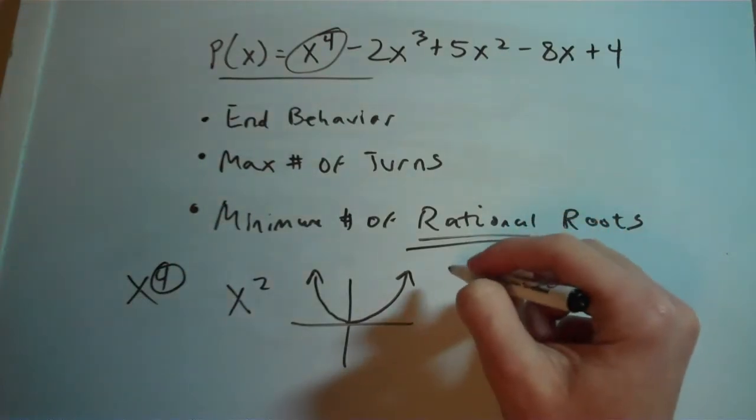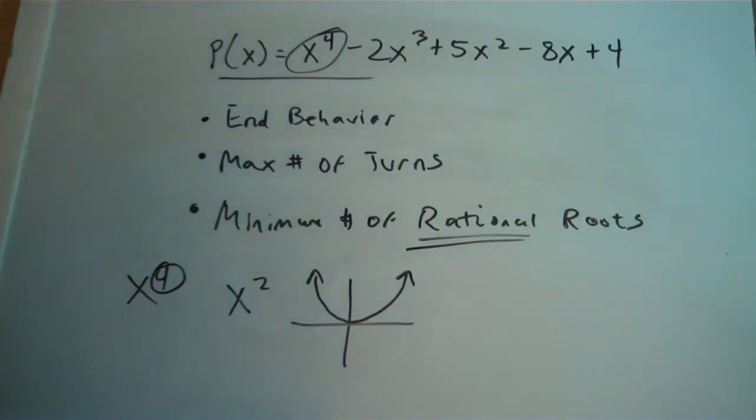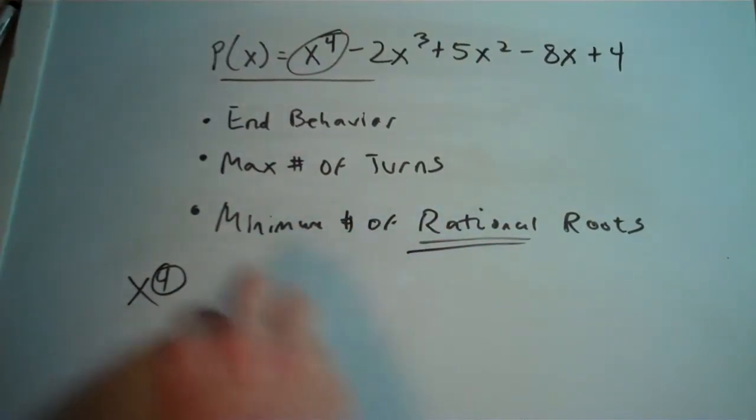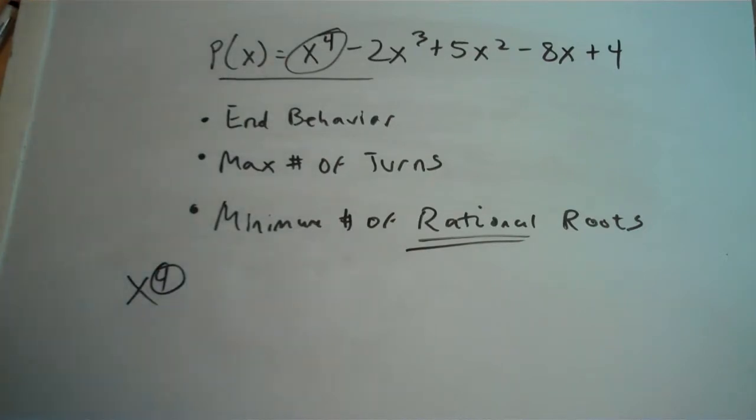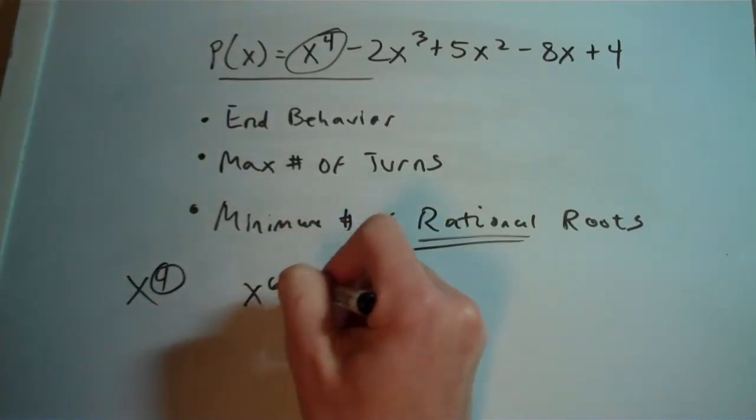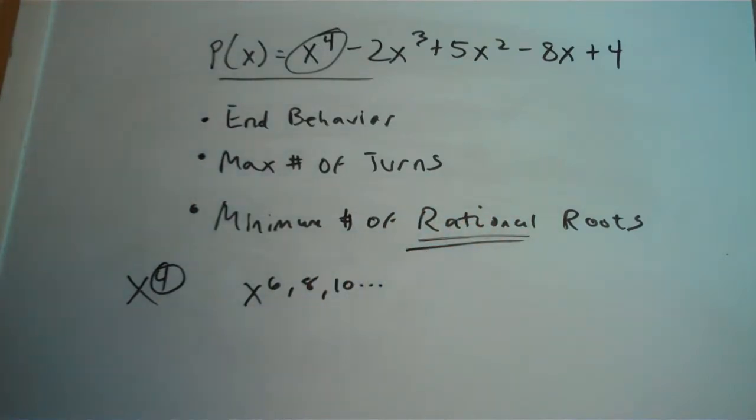So again, the same y direction, opposite x directions. And this goes for every even degree leading coefficient. It's just going to get broader and broader as it goes, x to the 6th, 8th, 10th, whatever. It's just going to be the same y direction, opposite x direction, just broader.